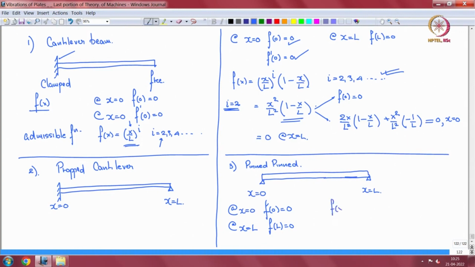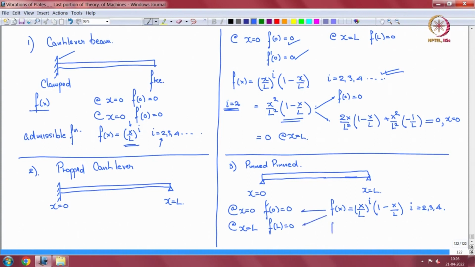The possible admissible functions are x over L whole to the power i. This is because they need to satisfy only the geometric conditions. So the other conditions could be different. You can check f of 0 is 0 and f at L is 0.